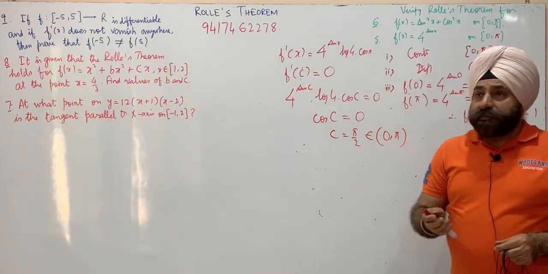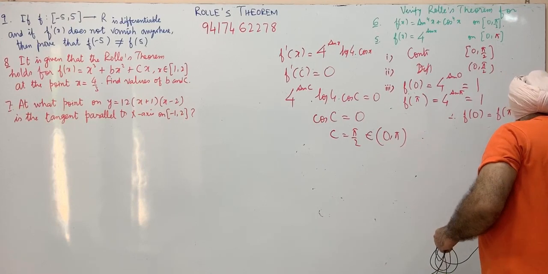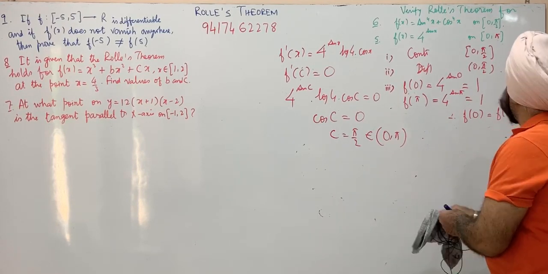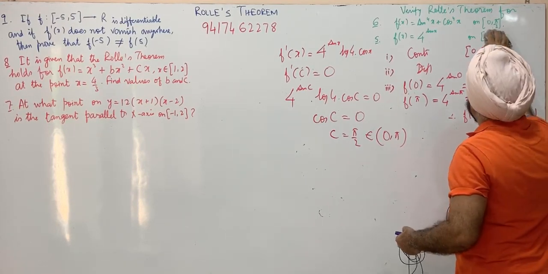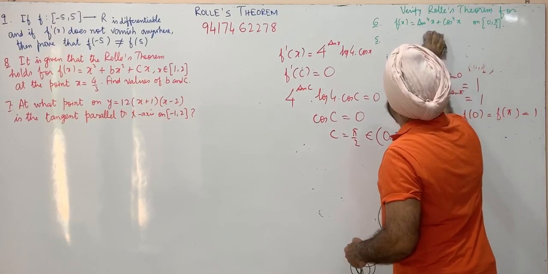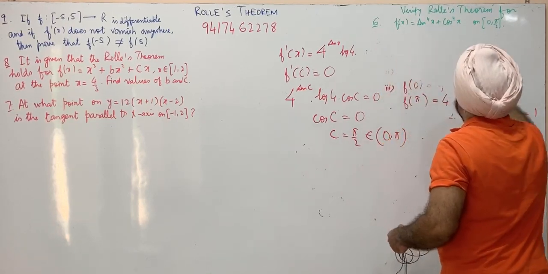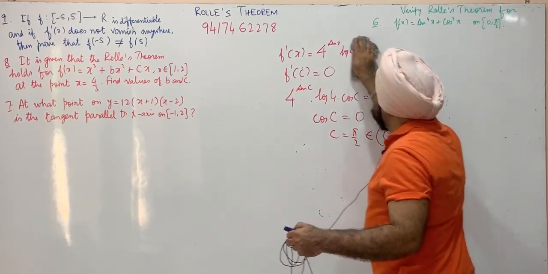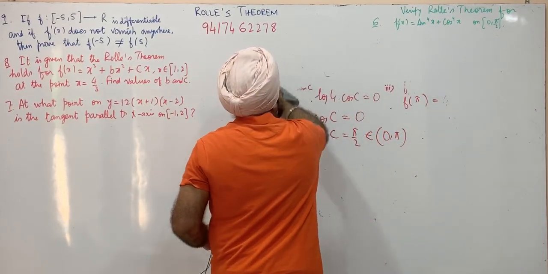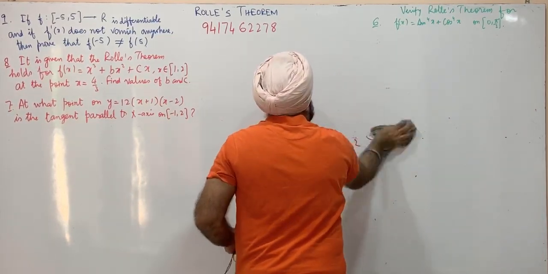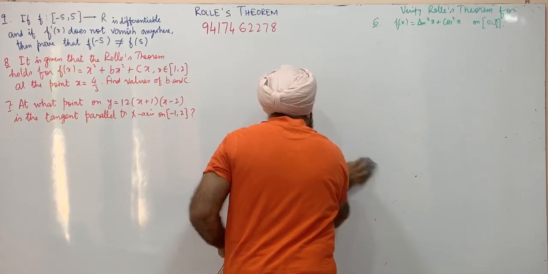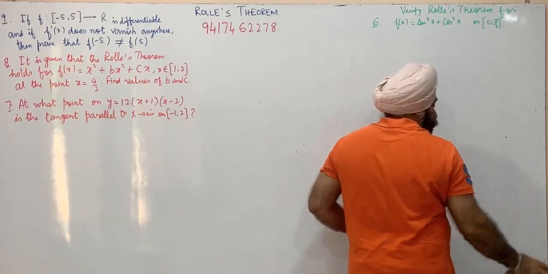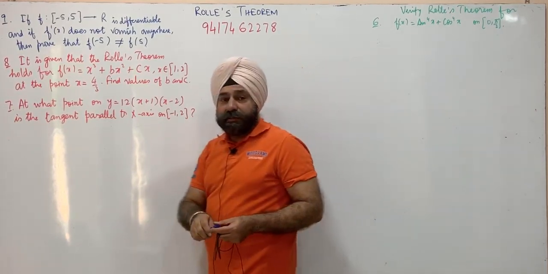The next one, we have sin raised to 4x plus cos raised to 4x, and we are given the interval of the first quadrant, 0 to pi by 2. So what type of function is f of x? This is a sum of two continuous functions. Sine of x is continuous, cos of x is continuous.